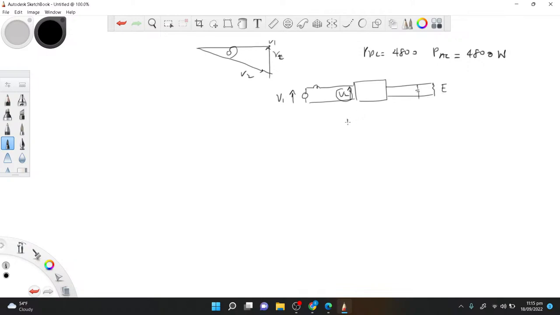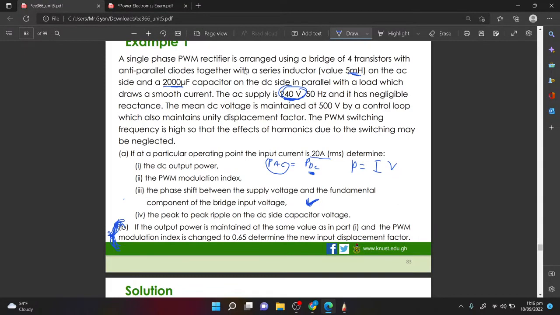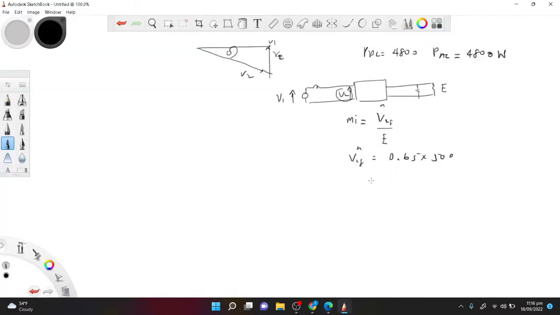So the modulation index MI is equal to V2, that's the fundamental peak, over E. So the V2 fundamental peak is given by MI, changed to 0.65, times E. Is E 500? 0.65 times 500 gives us 325.